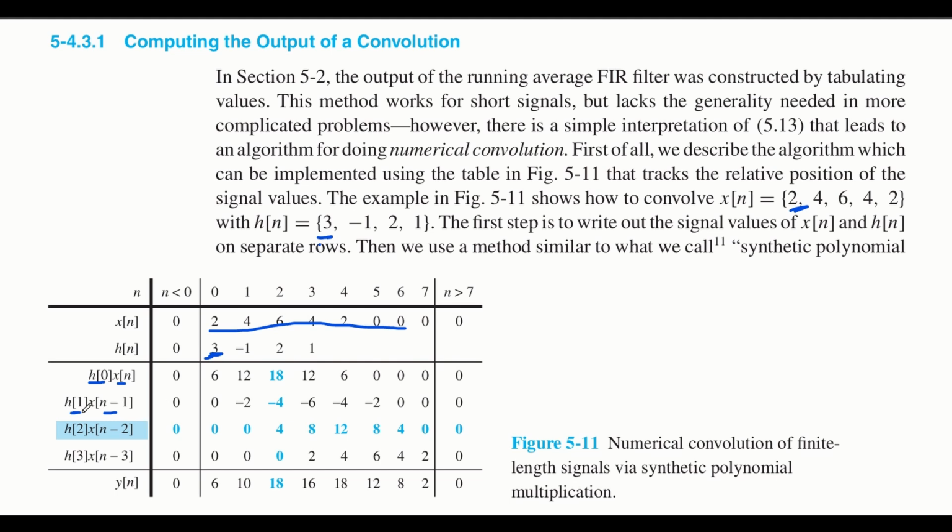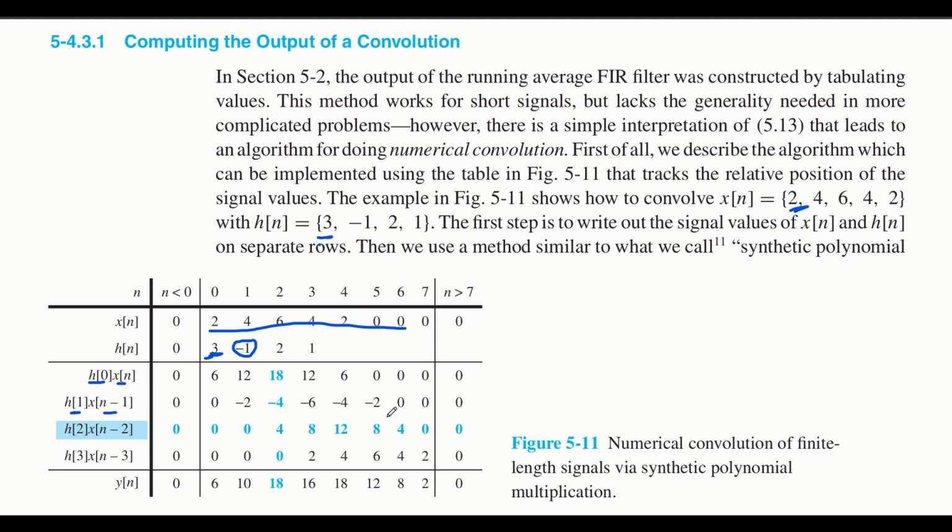Now h of 1 is minus 1. So it will multiply this way: negative 1 times 2 will give you negative 2. Negative 1 times 4, do you realize it? So the first position will be 0. Negative 1 times 6 will give you negative 6. Negative 6 times 4, and you continue.